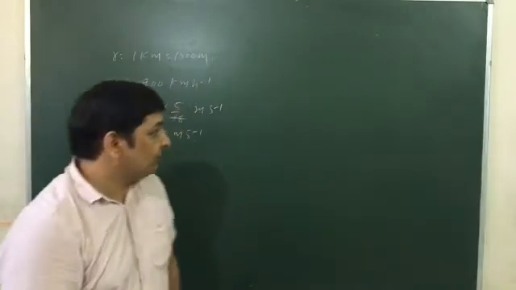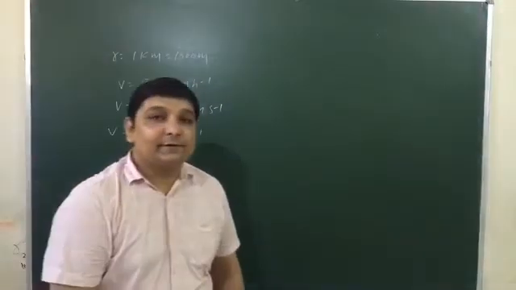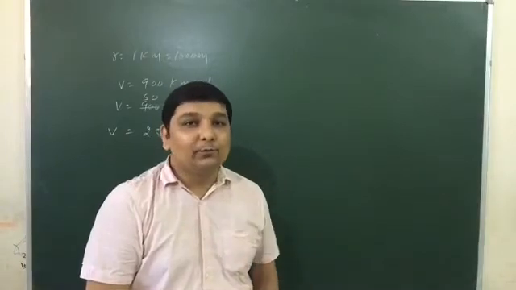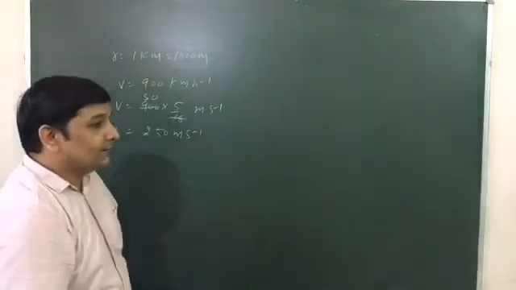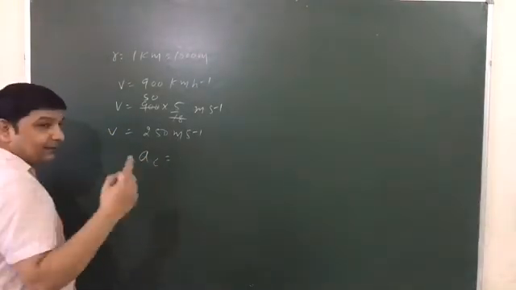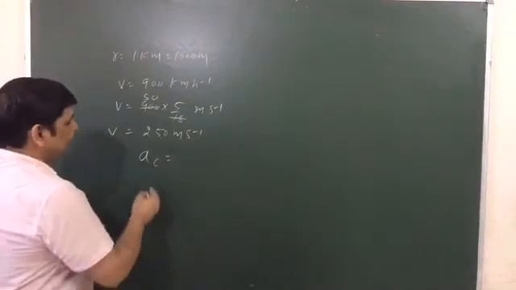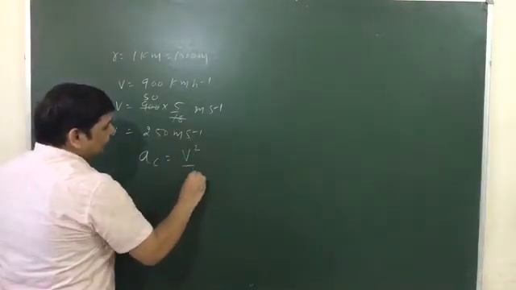Very simple question. We know that when aircraft executes horizontal loop, means circular path, centripetal acceleration is given by v square by r.